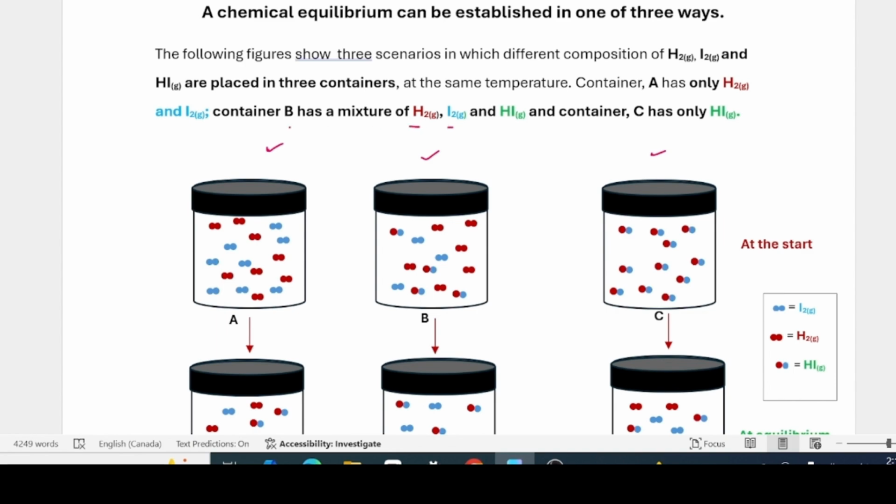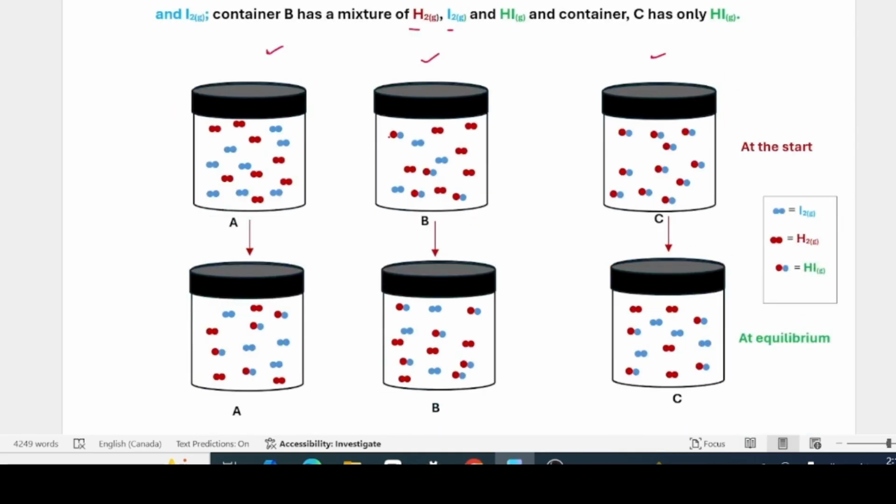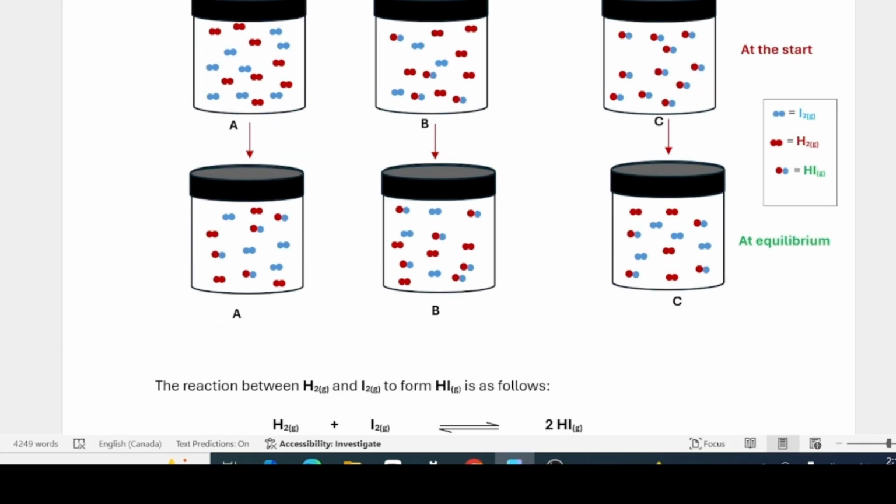In this one, we have only products, which in this case is only hydrogen iodide molecules. And in this container here, we have a mixture of products and reactants. What scientists found is that in all 3 of these scenarios, reaction took place that resulted in equilibria having mixtures of both reactants and products.